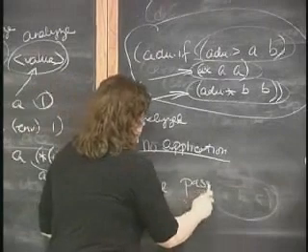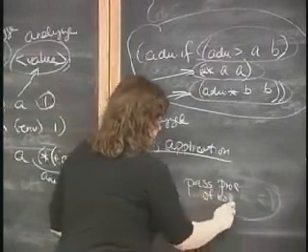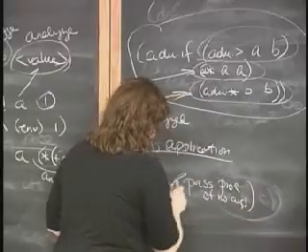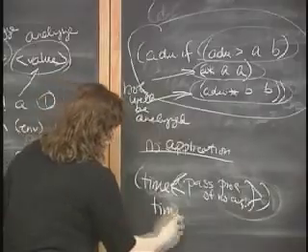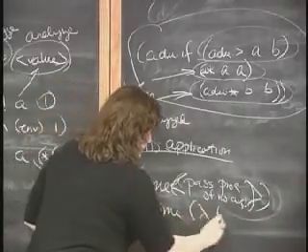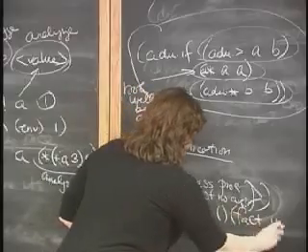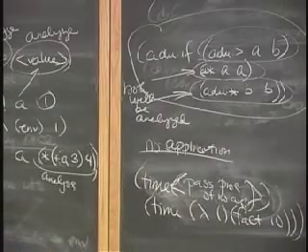So we pass a procedure of no arguments, and we can say something like time, lambda, no arguments, fact 10. And this will return the amount of time that the computer took.